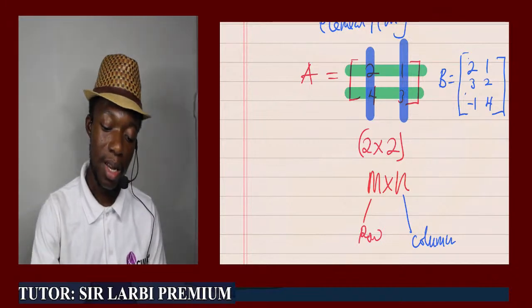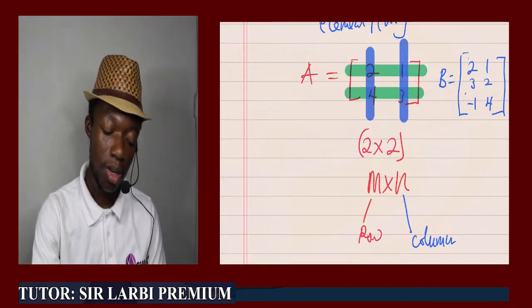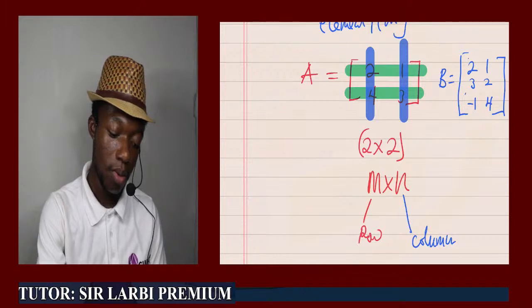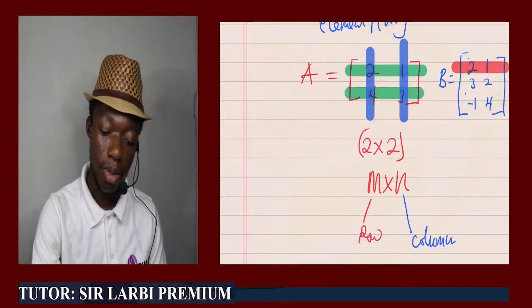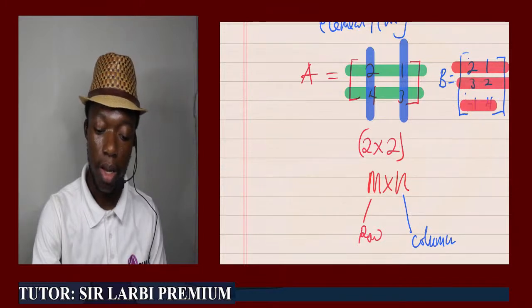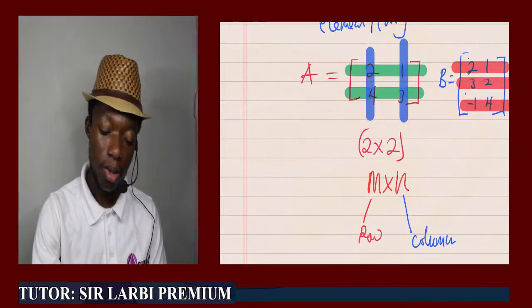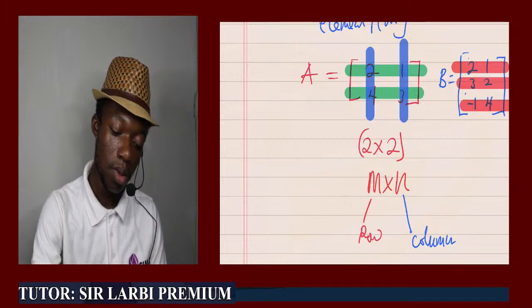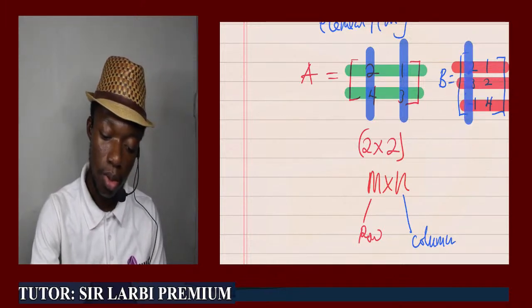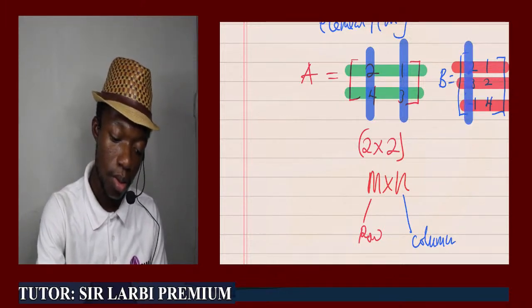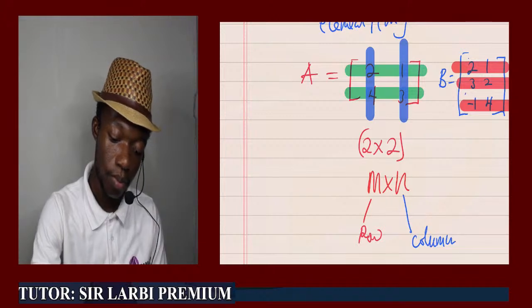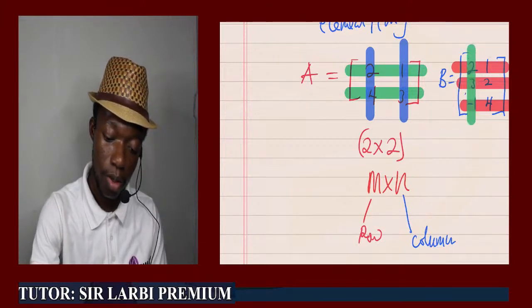How many rows does it have? We have 3 rows, and then 2 columns.